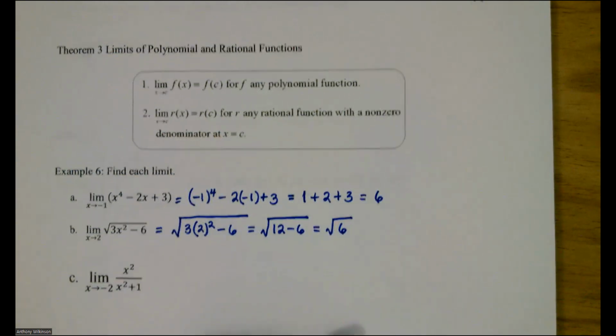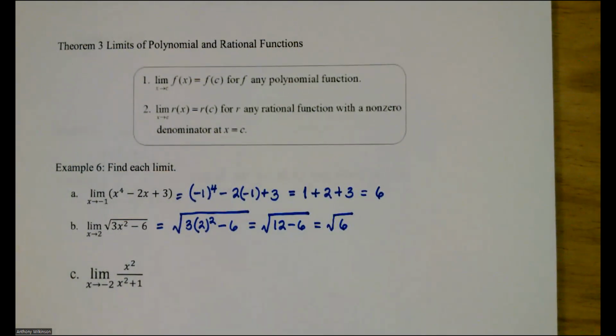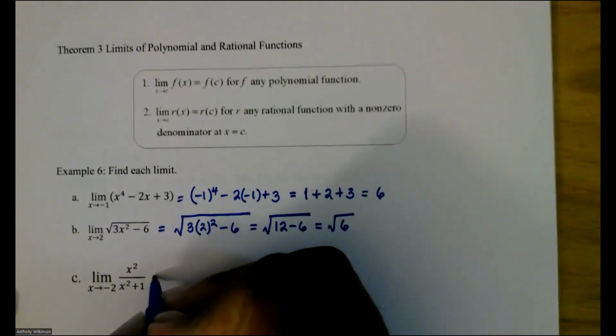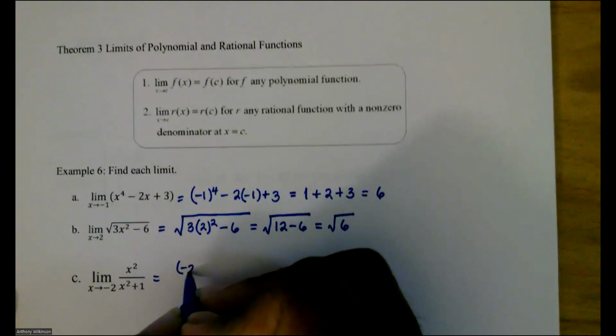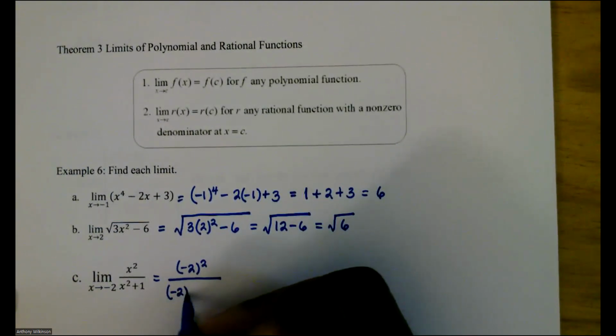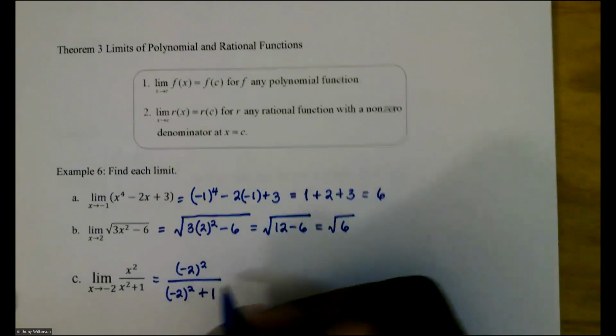And in this one, we got the limit as x approaches negative 2 of x squared divided by x squared plus 1. Well, if I replace the x with negative 2 and I square it and add 1 to it, I'm not going to get a 0 in the denominator. So this is okay. I can use direct substitution. So I'm just going to substitute my x with negative 2 in the numerator and also in the denominator.